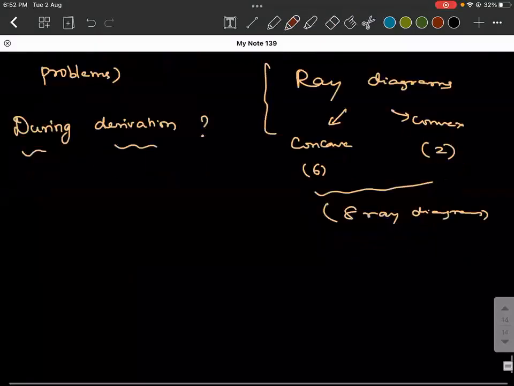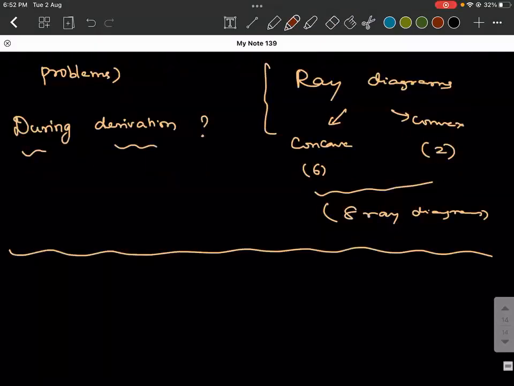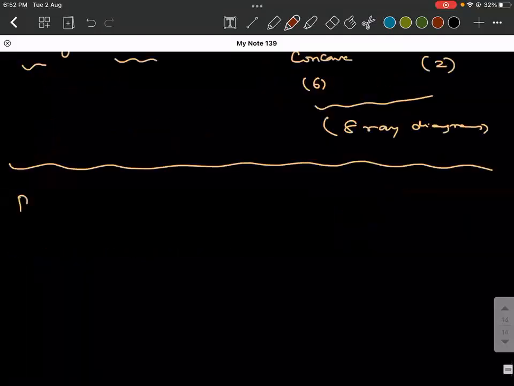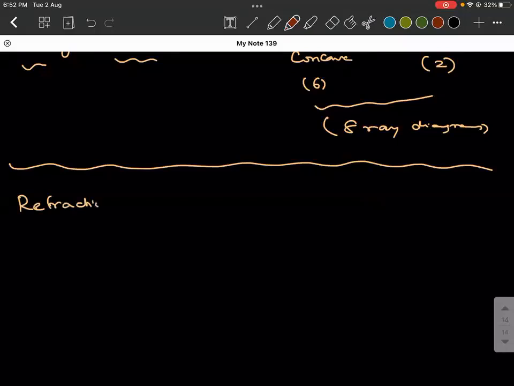Okay. So this is all about the mirrors and reflection. The next concept that we are supposed to discuss is called refraction of light. So what do we mean by refraction of light?